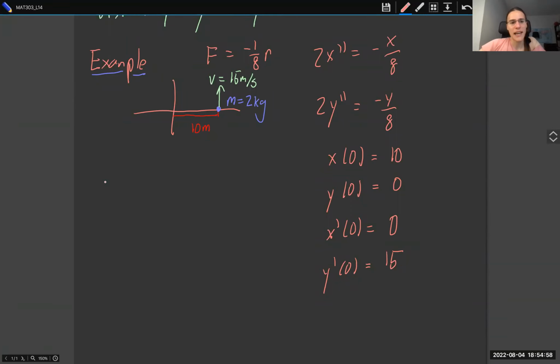So we're going to get that x is equal to a cosine of 1/4 t plus b sine of 1/4 t. And I think this is the first time that I'm actually doing this in the course. I'm going to plug some numbers in to get the initial conditions in.